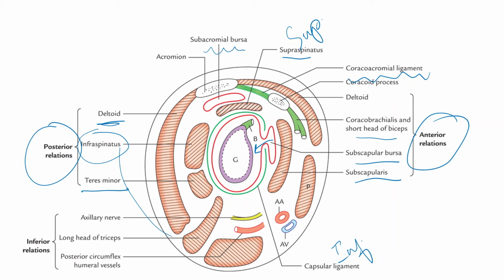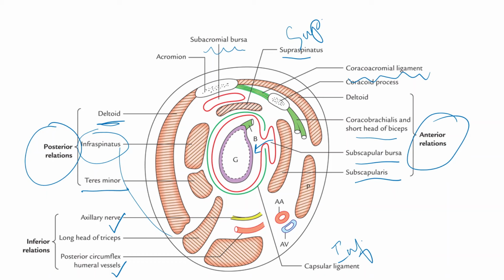Inferiorly, the relation is mainly by the axillary nerve and the posterior circumflex humeral vessels, and also the long head of the triceps, which make up the inferior relations. So all these are the relations of the joint.